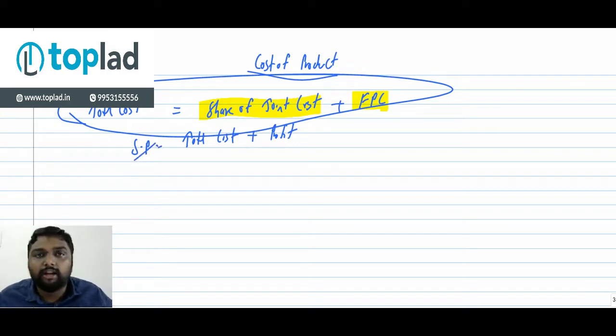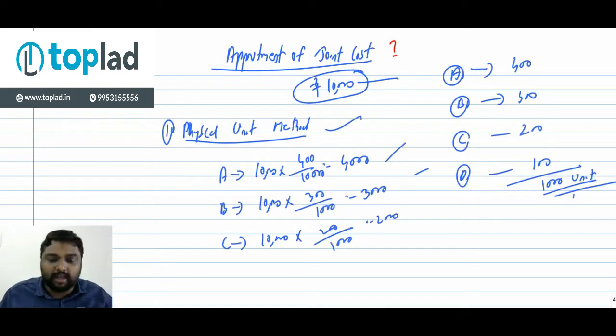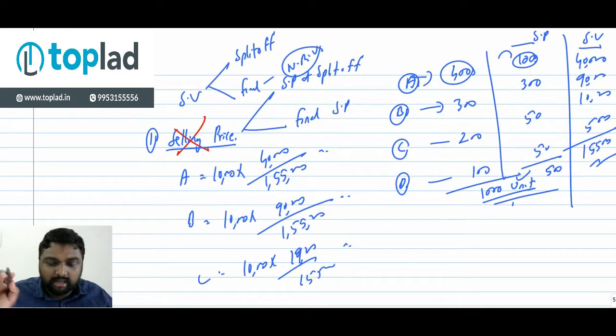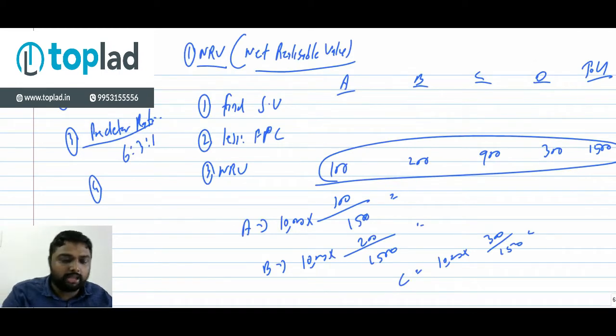Are you ready? We'll go for the problems. Problems are very easy, and for exam purposes they are testing this. So we have discussed the apportionment, physical unit method, sales value method, sales value at split off, NRV method, marginal cost method, constant gross margin, predetermined ratio.